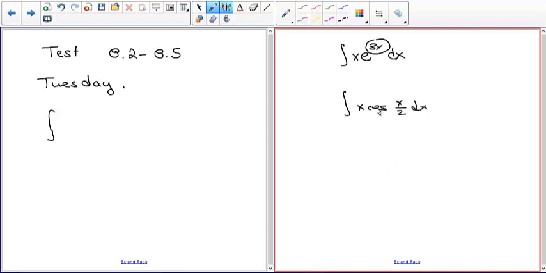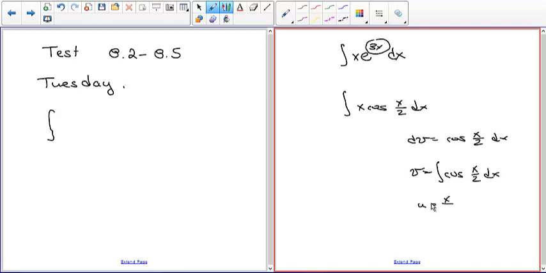And remember where that comes into play is when you let dv equal cosine of x over 2 dx. When you integrate that to get v, you integrate cosine of x over 2 dx. So you have to use u substitution.